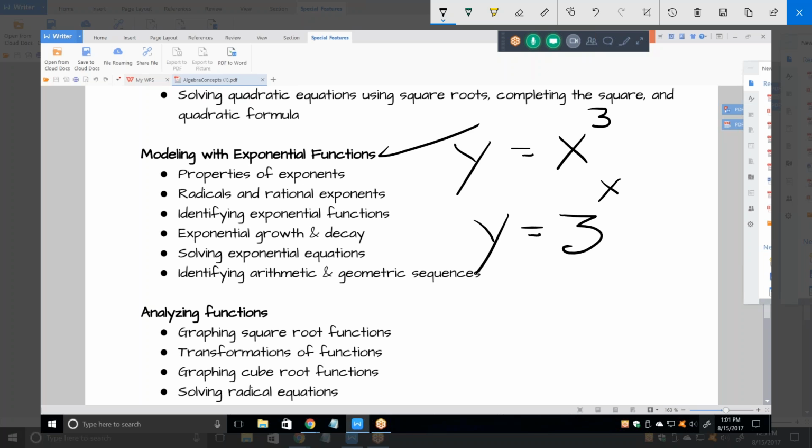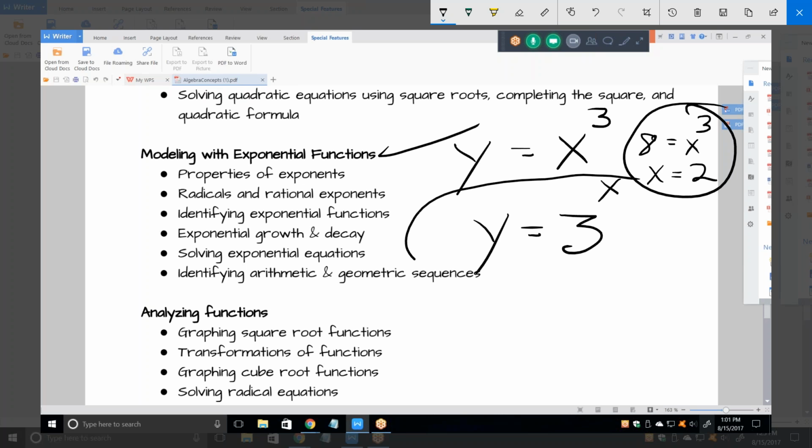The top one is an algebraic function. And we can always solve that by algebraic means. In other words, if I say 8 equals x cubed, take the cube root of both sides and I get x equal 2. Okay? So I can always take algebraic equations and solve them.